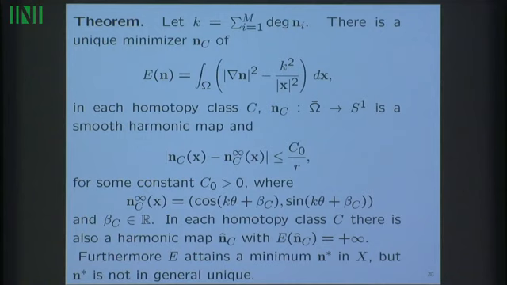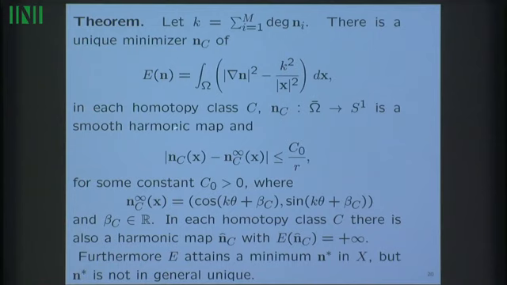And now, in order to fix the fact that the energies are typically infinite in the exterior domain, we renormalize the energy. We subtract off k squared, that's the total degree squared, over norm x squared. And in each homotopic class, there is a unique minimizer of this functional.